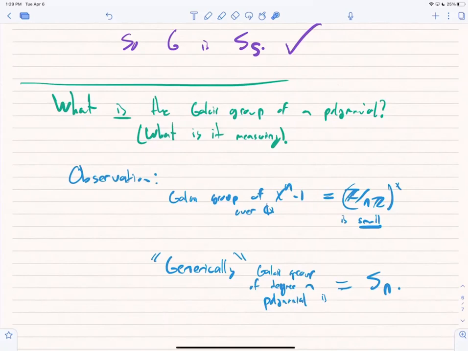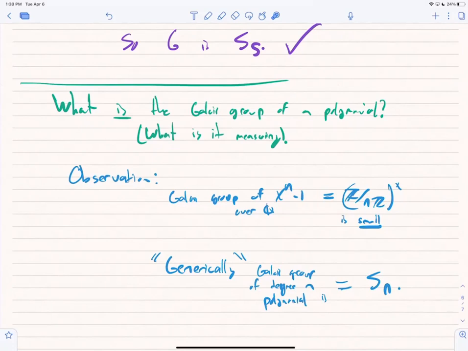That's a little far afield from what we're doing here, so I don't want to get into it. There are various ways this can be made precise, and I hope, based on what we've done so far, you can believe that generically the Galois group is Sn. But a priori, the Galois group could be any subgroup of Sn. Here's one example, the Z mod nZ cross, but it could also be Sn itself, and there are many subgroups between these two.